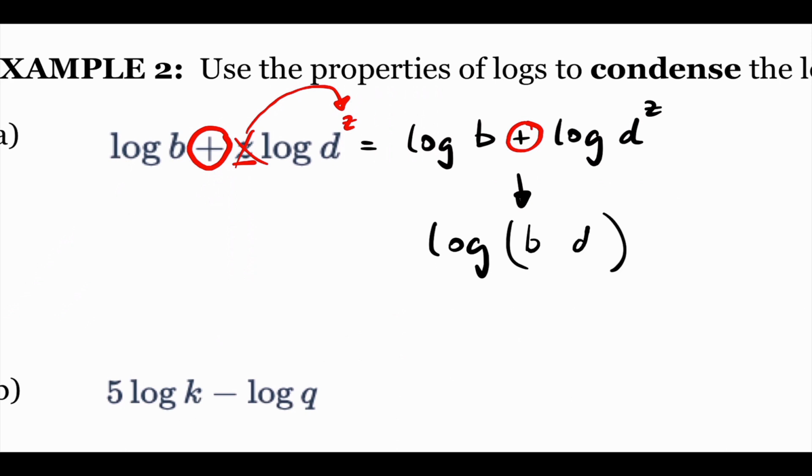B and D to the Z. The product property says use multiplication. Put them together using multiplication. How do I know I'm done condensing? Well, there's only one log. There were two to begin with, now there's only one. You condensed.